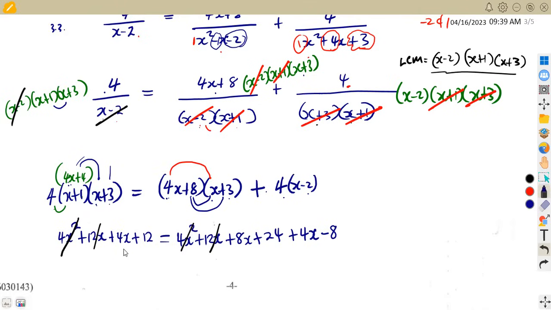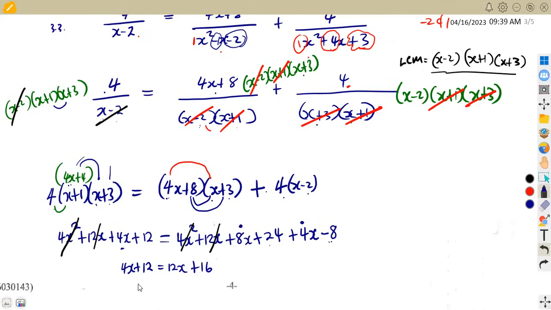All right, so in this case, we are going to remain with 4x plus 12 is equal to, let's see, here we've got 8x and 4x, which is 12x. So this is going to give us 12x minus 8 plus 24, which is going to be 16. So that will be a 16.